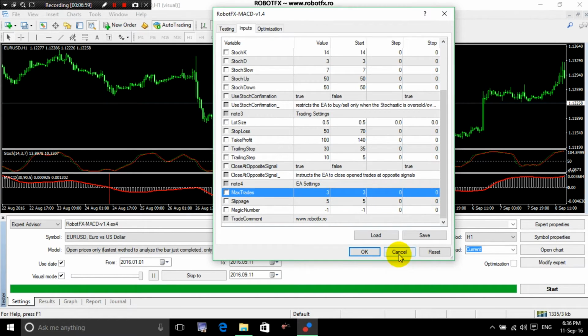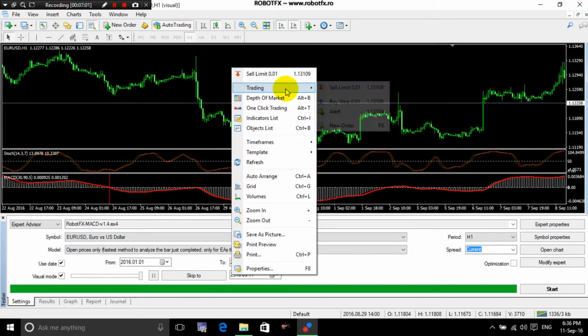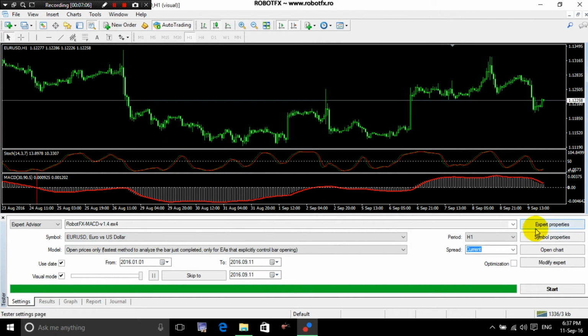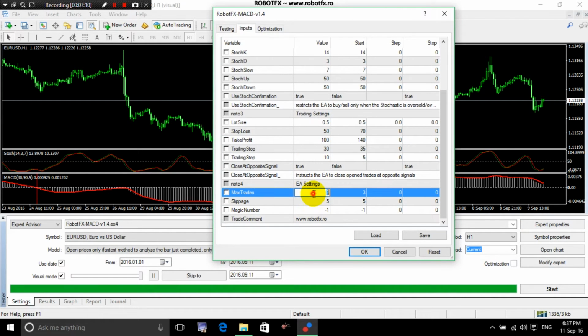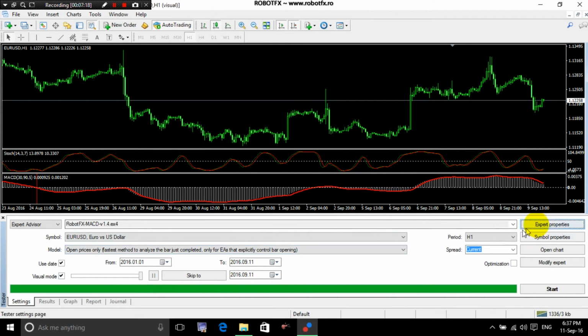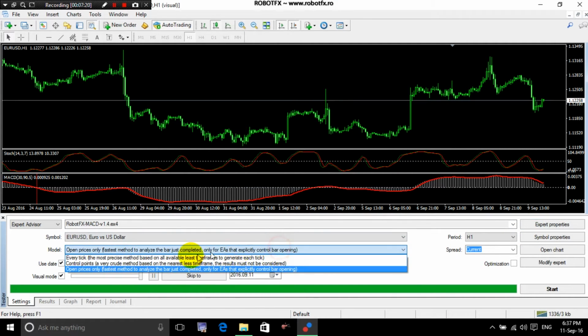So if you open one trade by yourself, a new order, and then another one, so you have 2 trades open, then the expert advisor will consider it has 2 already open and will open only 1 more if you leave maximum trades at 3. And that's about the settings, basically.